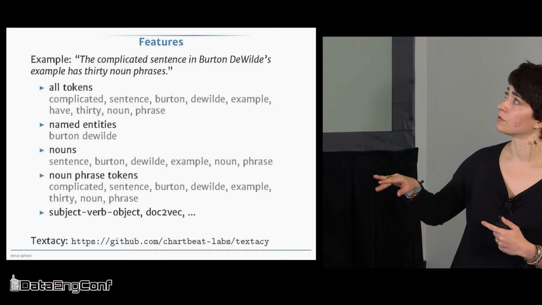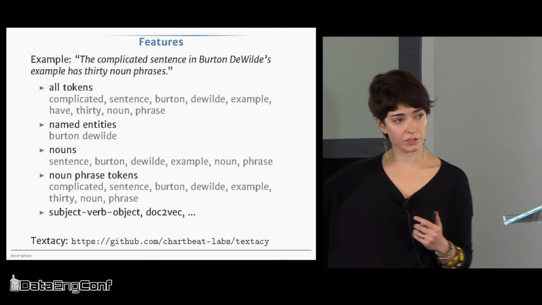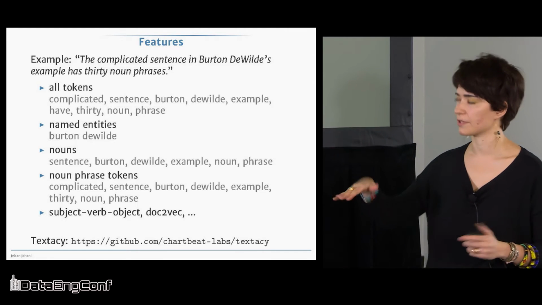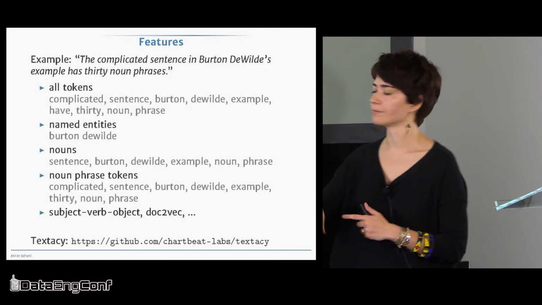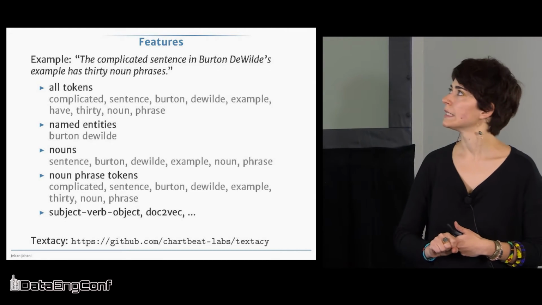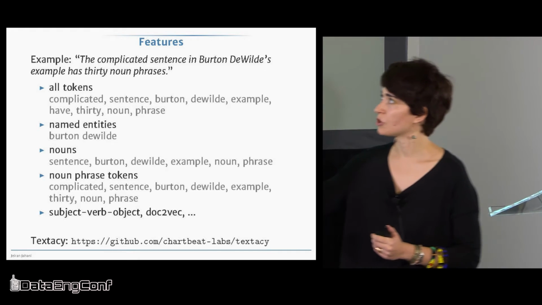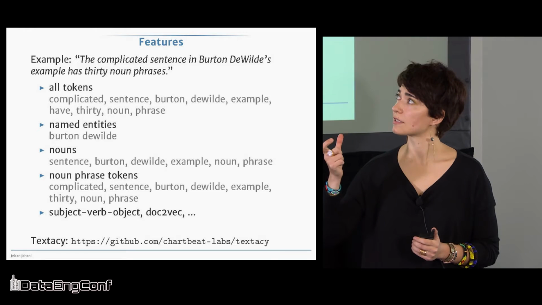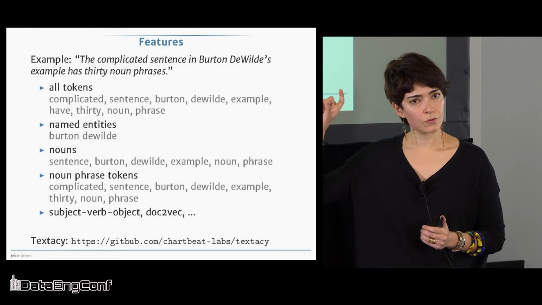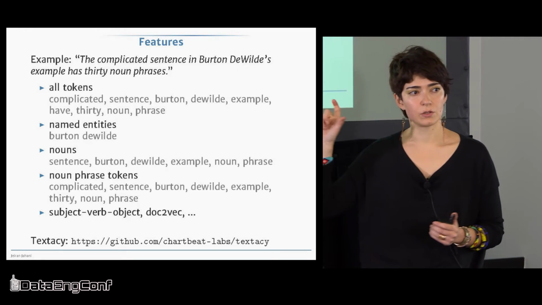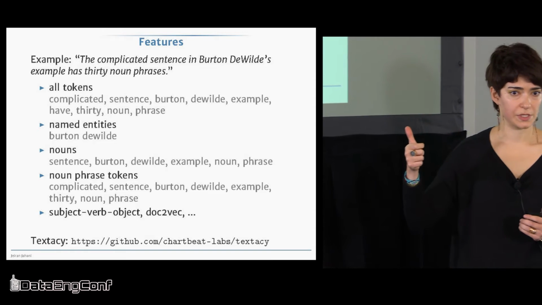One way to define your features is you take all the tokens, with the exception of stop words and whatnot, you lemmatize them. You can take all the tokens. You can get more detailed and just take named entities. That will give you a clustering that looks more like Facebook's result.